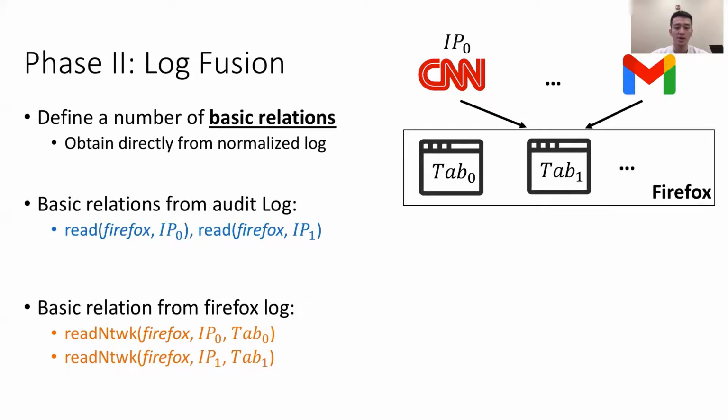We can obtain read Firefox IP0 and read Firefox IP1 from the audit log. Read Firefox IP0 means there is a network connection from Firefox to IP0. Also, we can obtain read network Firefox IP0 tab 0 from the Firefox log. Read network Firefox IP0 tab 0 means the connection to IP0 belongs to tab 0.